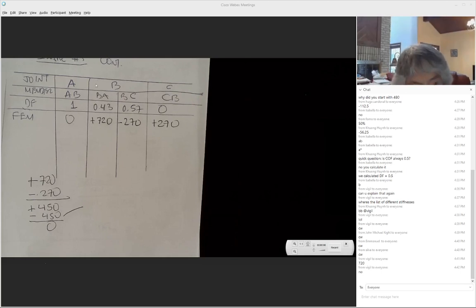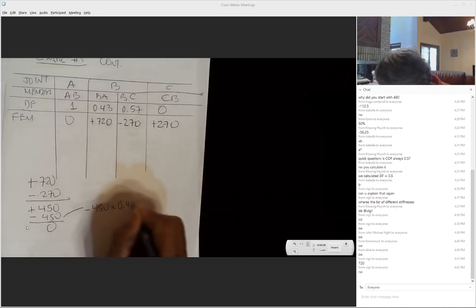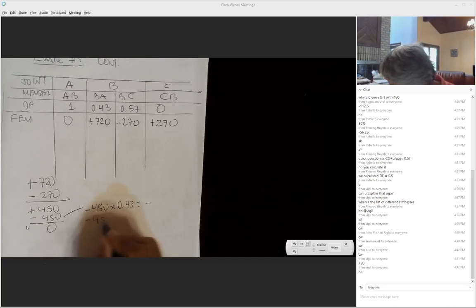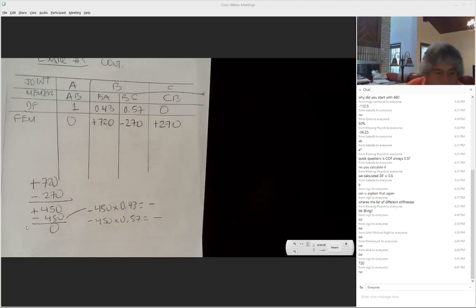That is why it's called moment distribution, because it distributes the moment at each joint. So minus 450 times 0.43 and minus 450 times 0.57. 43% comes to this member, 57% is based on the stiffness.